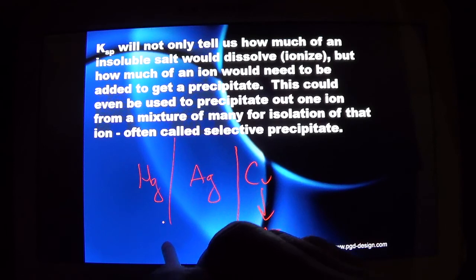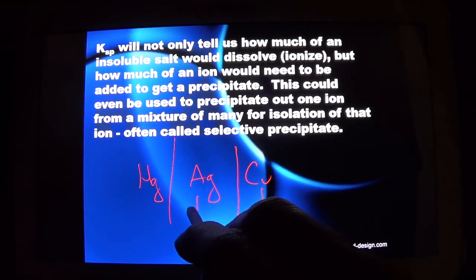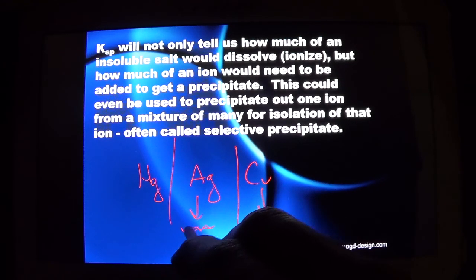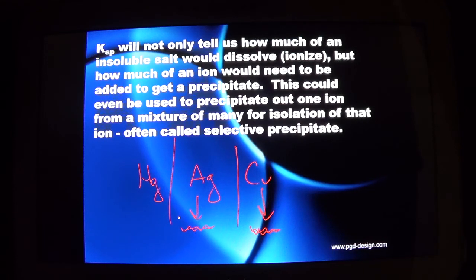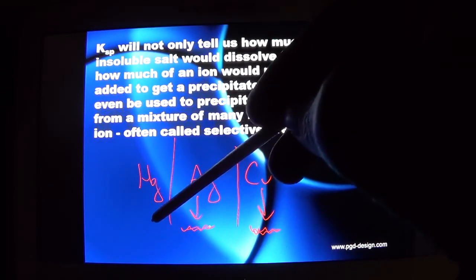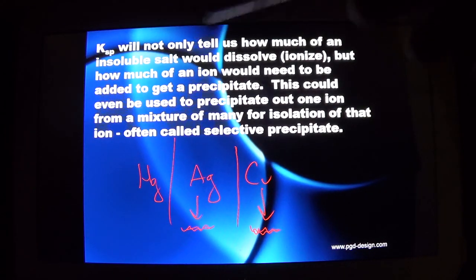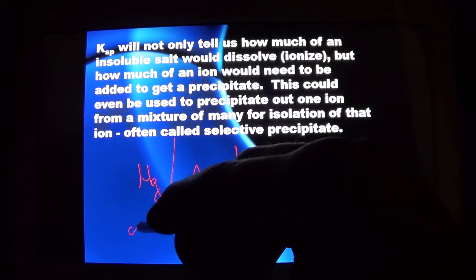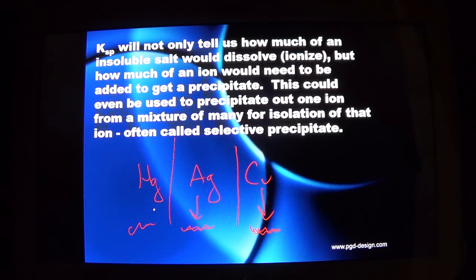And then I would do something else to maybe filter out the silver. And then I would have the copper in one filter paper. I'd have the silver all in another filter paper. And I would have the mercury still in the solution. And then if I needed it as a solid, I could add something in to make it a solid and filter it out too. So selective precipitation uses the common ion effect.